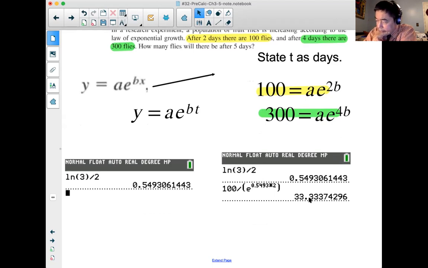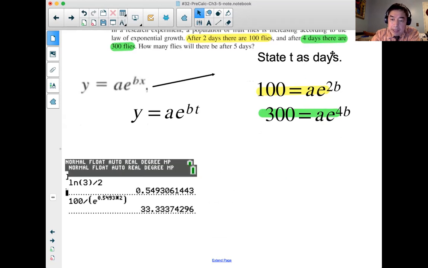Now let's take a look. The equation we came up with, we have to solve for A. So the first step is we use this equation and solve for A. Okay, so I will cut and paste here.